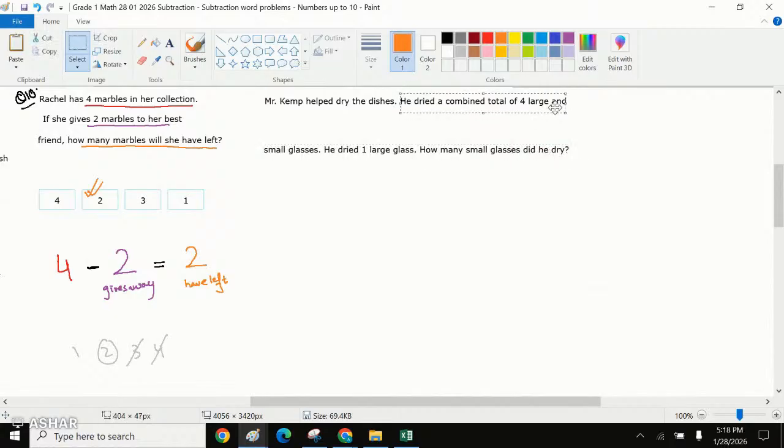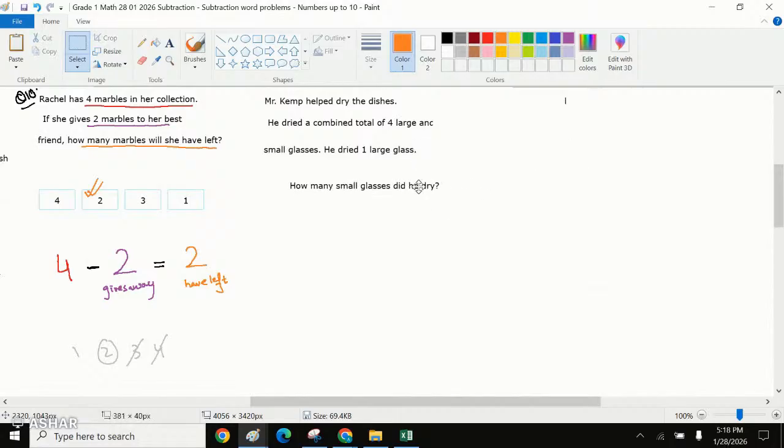Okay, I'm just changing the values so that we can have variation in the question. Okay, so this was 9 large and he dried 6 large.